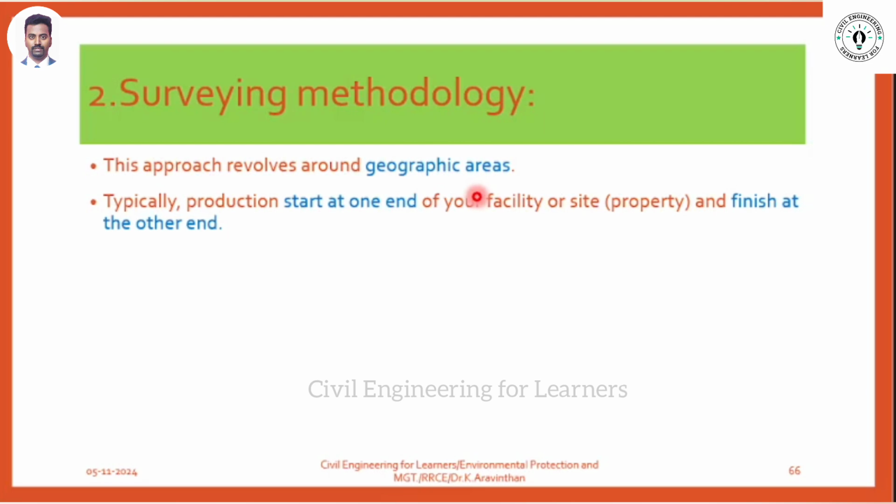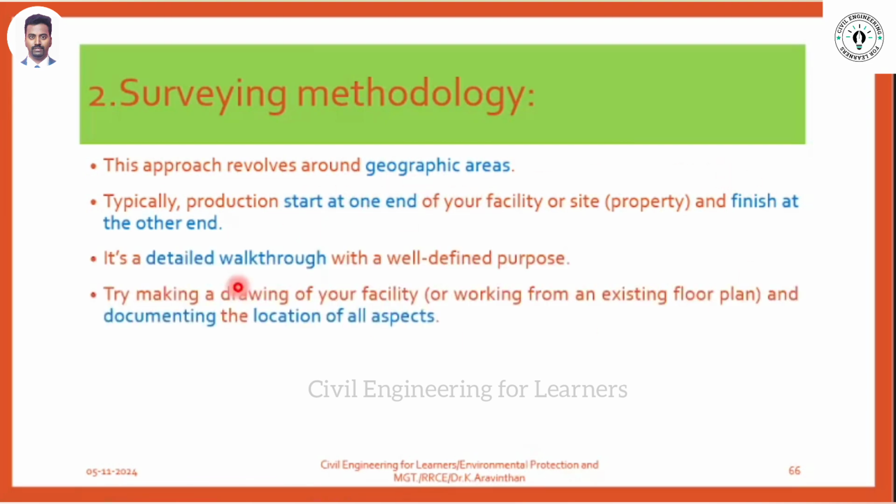What does a watchman use for monitoring? Then they are cooking food, they are disposing their waste. There comes plastic waste and non-plastic waste, biodegradable, non-biodegradable. Like that, place wise you have to go and look into aspect and impact. This is called geographical methodology. Start from one end and finish at the other end. Now, try making a drawing of your facility.